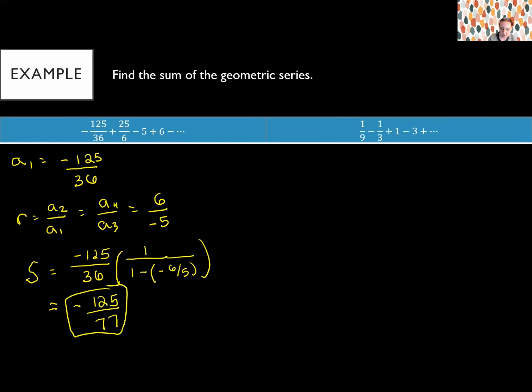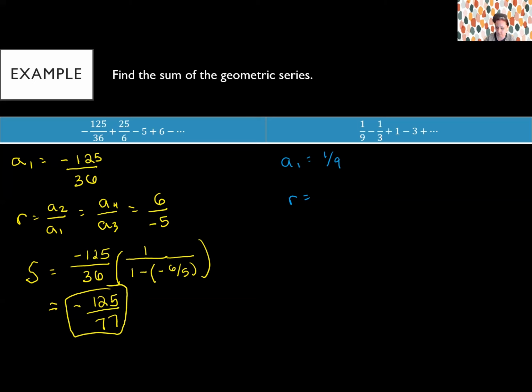So now let's have both of you do the one on the right here. A1 is very clear, the first number, 9. What is R? So we have 1/9 minus 1/3 plus 1 minus 3. What is R? -3.